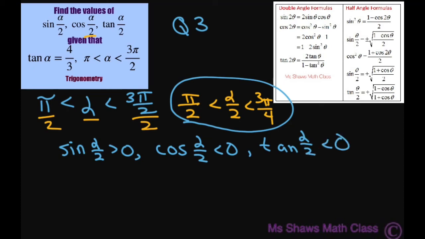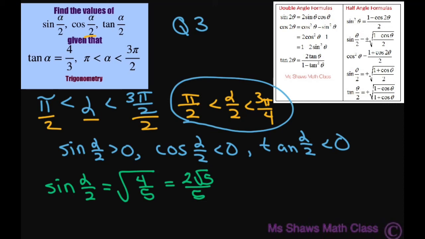All right, so we need sine of alpha divided by 2. That's just going to be the square root of what we had for sine, which was 4/5. Take the square root of that, and that's going to be 2 divided by square root of 5. And if you rationalize it, you get 2 square root of 5 divided by 5.